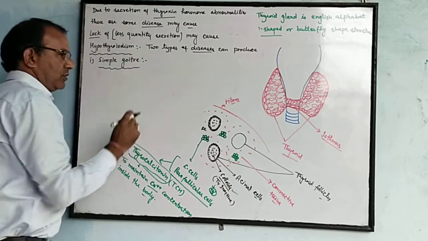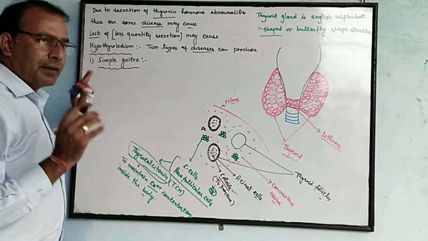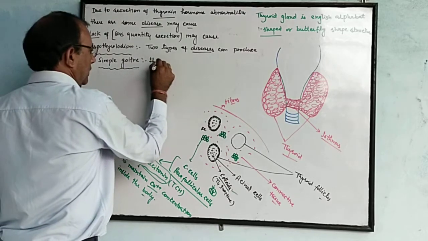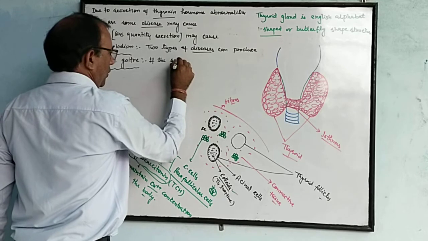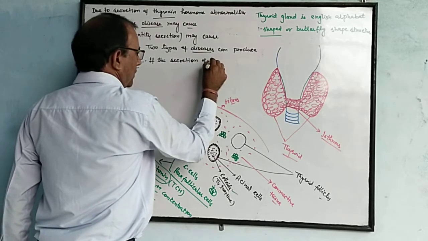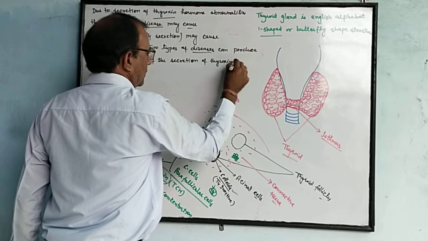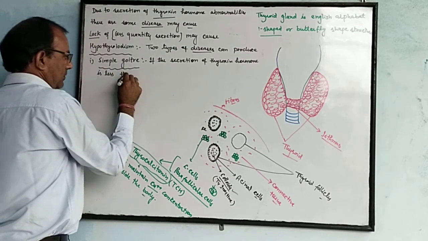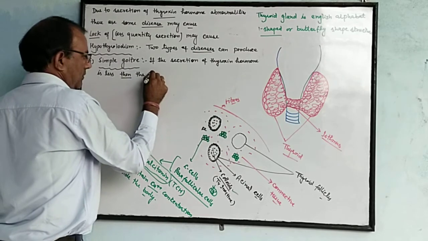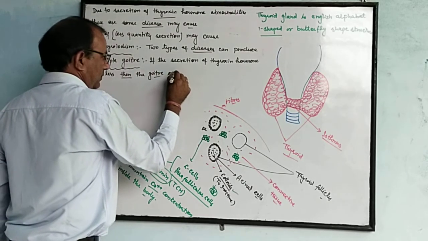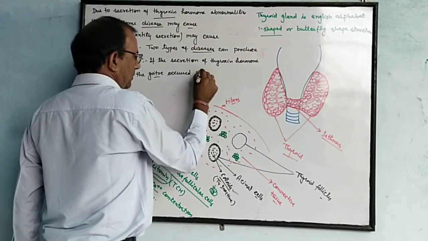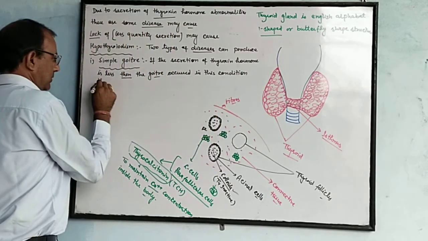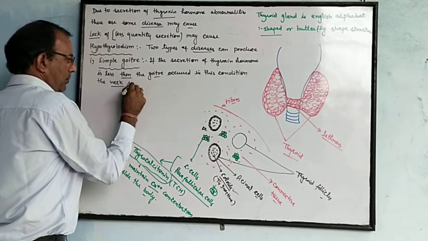If the secretion of thyroxine hormone is less, then the neck starts to swell up, and this type of disorder is called goiter. In this condition, the neck swells up.